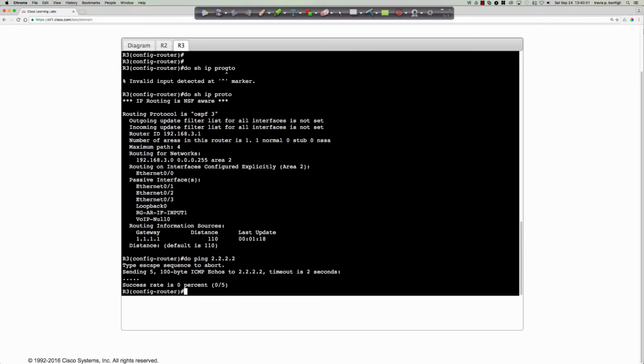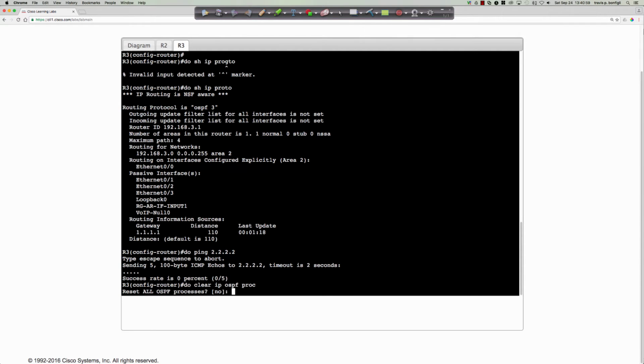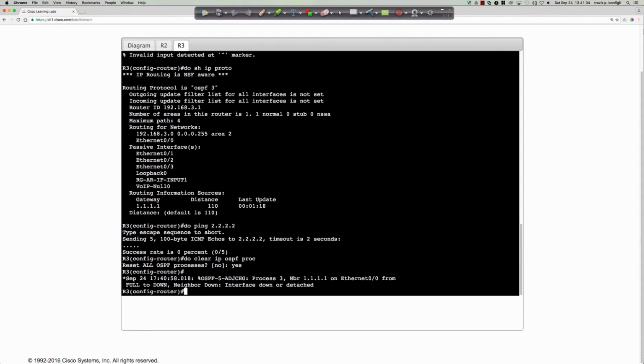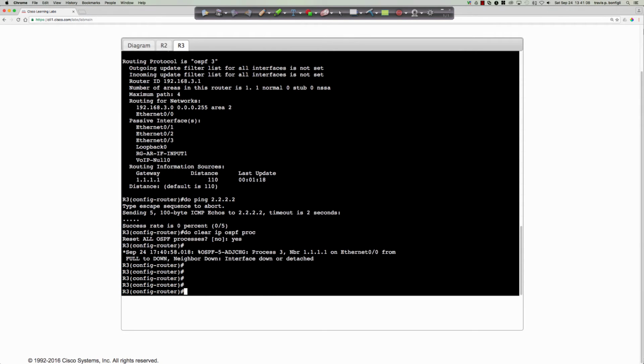Okay, but I've got to clear the process in order for the change to take place. So I would say do clear IP OSPF process. We're going to say yes, and you can see that the neighbors went down and that's going to have to reestablish because I have to send out link state updates that are going to notify everybody that, hey, listen, my router ID is no longer 192.168.3.1.